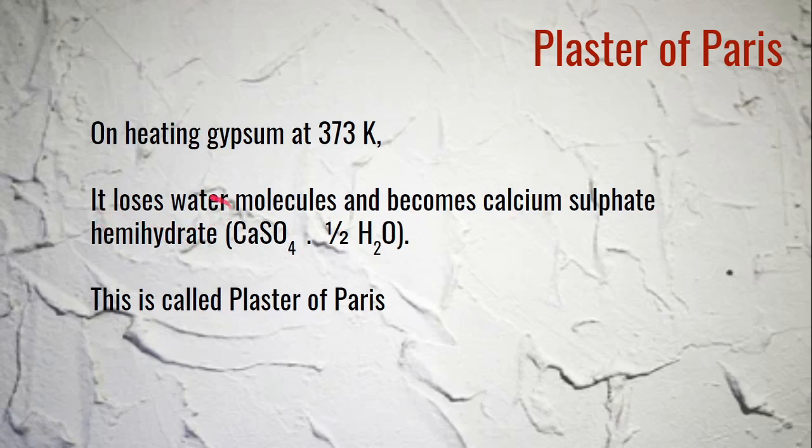Then it loses water molecules and becomes calcium sulfate hemihydrate, which is the chemical name for plaster of Paris.